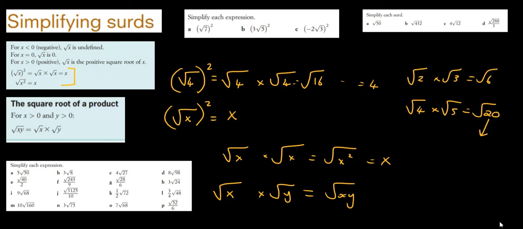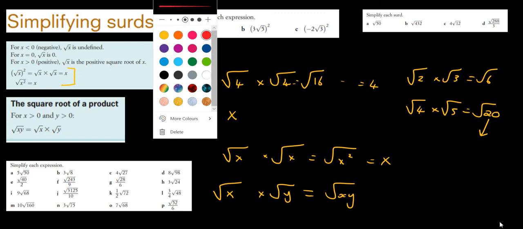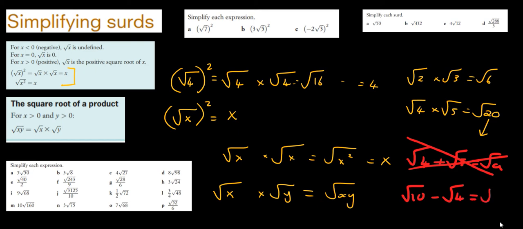One big misconception, and I'm going to do this in red because it's really, really wrong, is that the root of 4 plus the root of 5 is equal to the root of 9. Okay, you cannot do that. A similar example, the root of 10 subtract the root of 4 is the root of 6. You cannot do that.